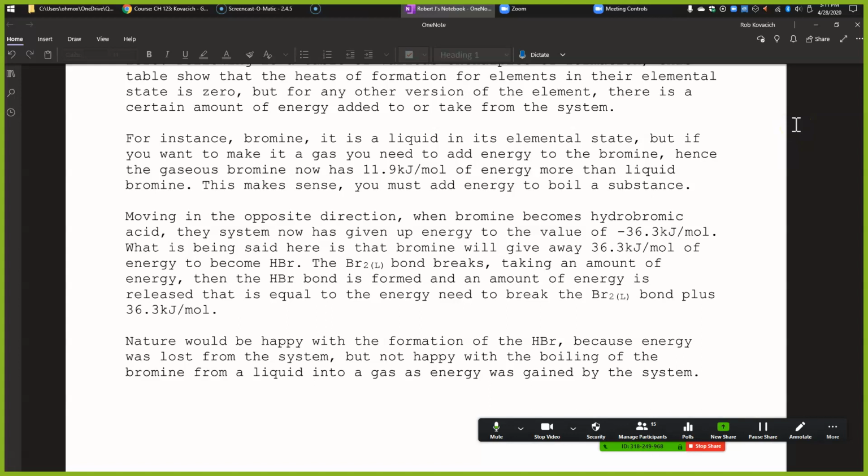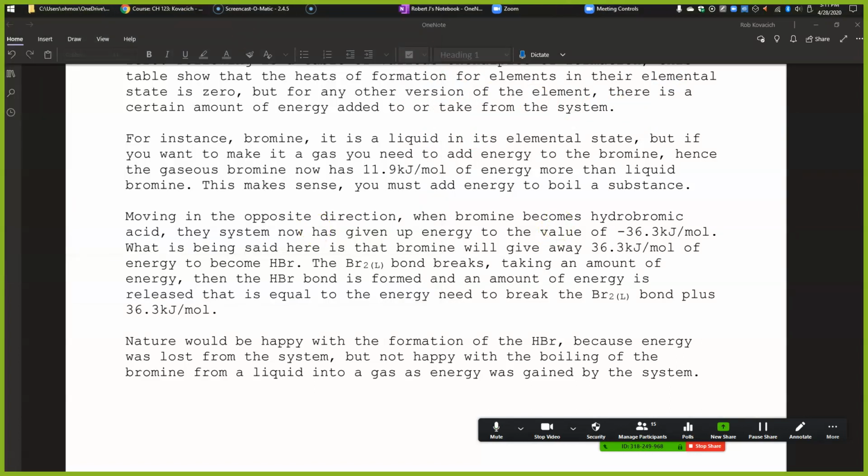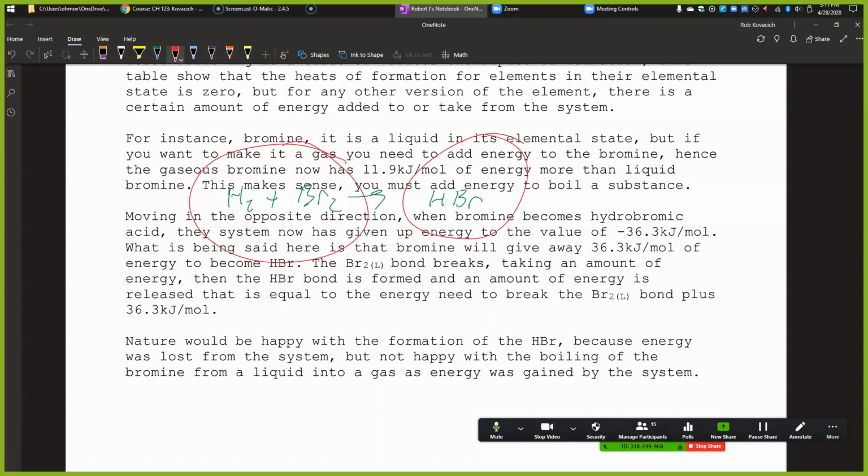So if I'm talking about reacting bromine, so sorry, let me turn that on. So if I've got two hydrogens and I've got two bromines, on the other side I end up with some hydrobromic acids. What's fundamentally different about this side than that side?